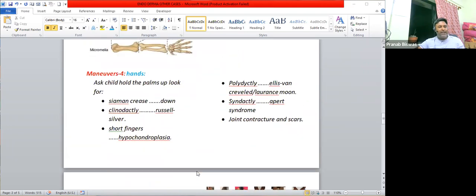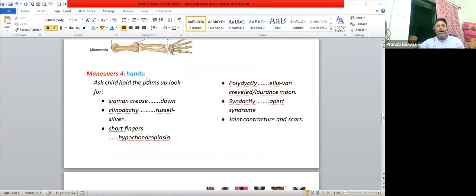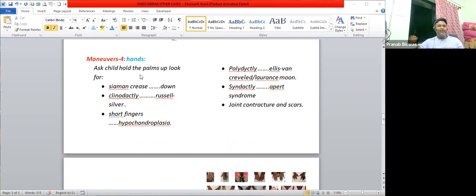Now we move to the next part, maneuver 4, which is examination of the hand. Very easy, but we need to see the hand very carefully. If there is Down syndrome, when we ask the child to show the palm, we can see whether there is a single palmar crease or not.